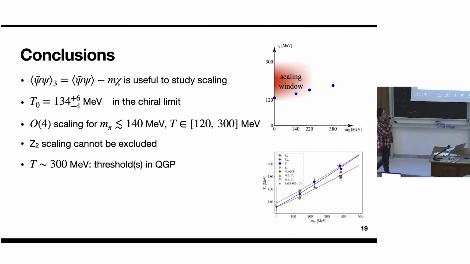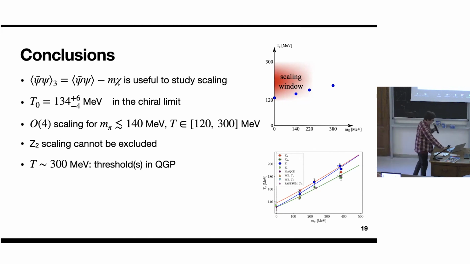So let's first take the quark mass physical. Then even in this case, there is an indication that there is a threshold at this 300 MeV. But in my talk, I mentioned two things. The first one can be seen from just one quark mass.